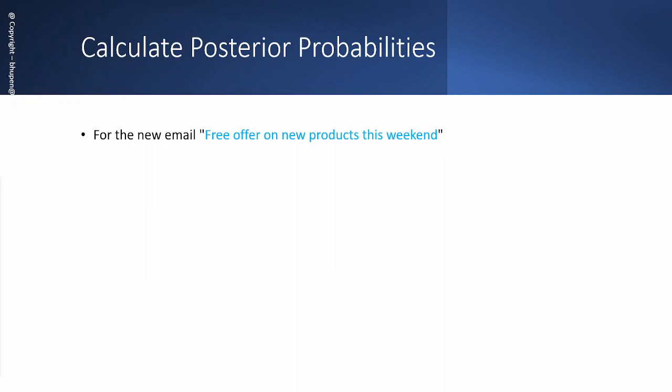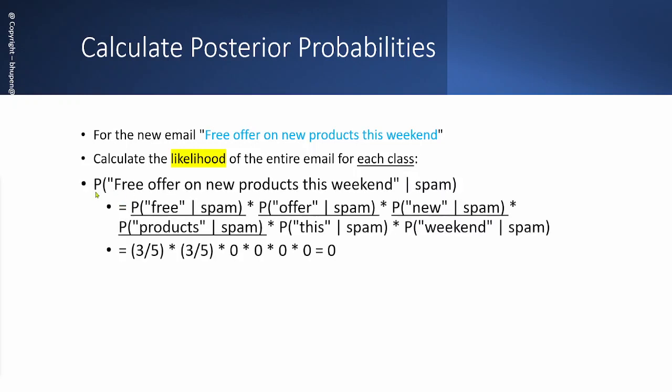So we're going to use the class probabilities and also the likelihood of the features that we computed in the previous steps, and use the Bayes formula to compute the hypothesis. So the likelihood of the entire email for each class. So let's say the probability of this particular new sample, whether it belongs to the spam class here.